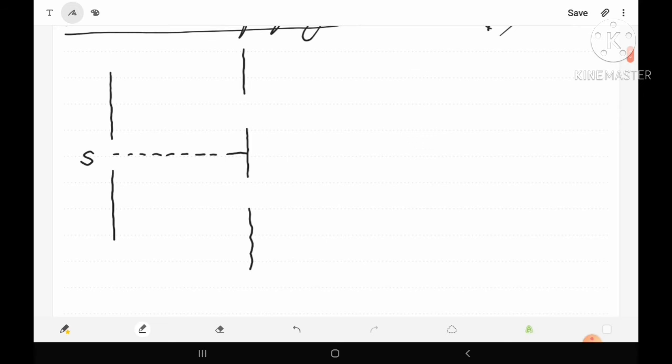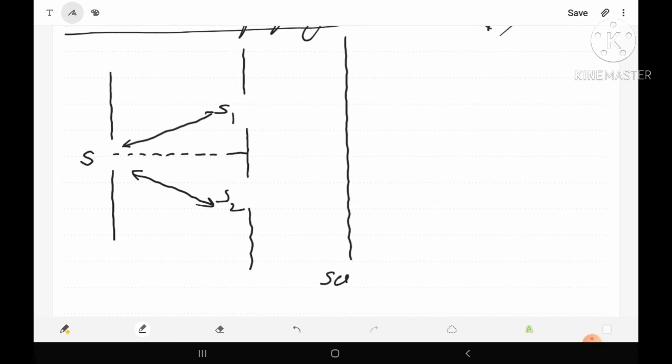The separations SS1 and SS2 are equal. In front of S1 and S2 there is a screen, and this is the central point of the screen, shown by O.